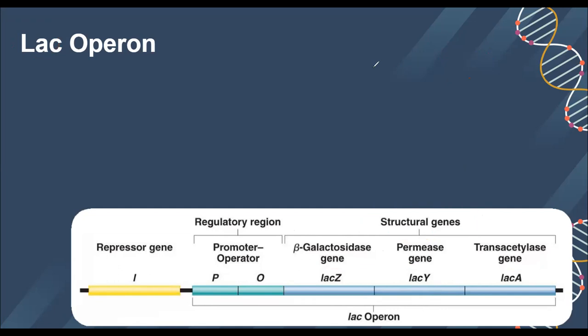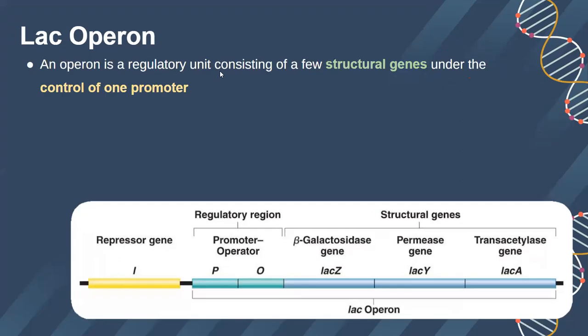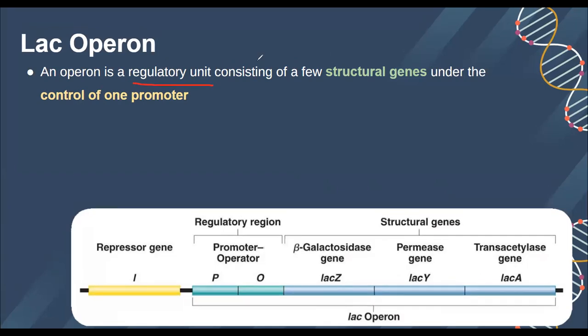So basically, an operon is a cluster of genes, when more than one gene is present one after another, like a big unit. So an operon is a regulatory unit. We will not only say that it's a cluster of genes, but it is also involved in regulation. Again, what is regulation? That is, when is this lac operon required?